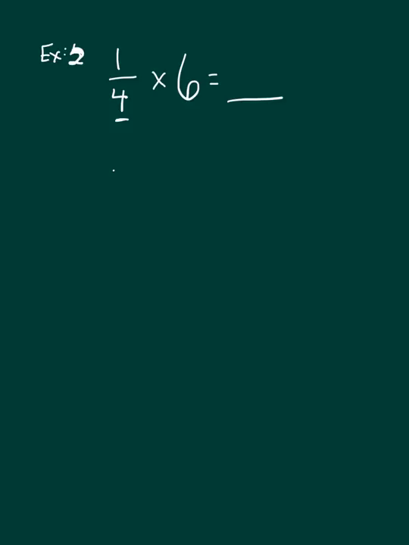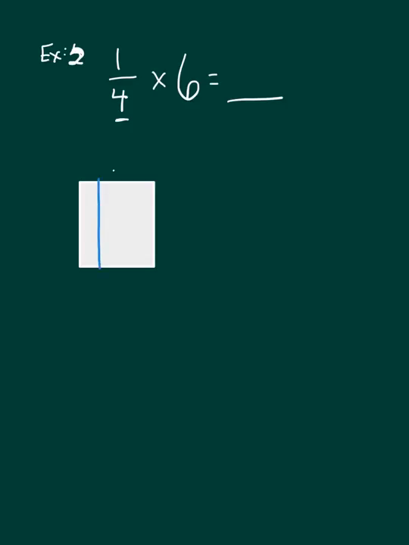So we're going to go ahead and do that. 1, and we're going to divide it up into 4. And we're going to shade it in for 1 of the fourths. So this is 1/4. Okay, so we're going to do that times 6.